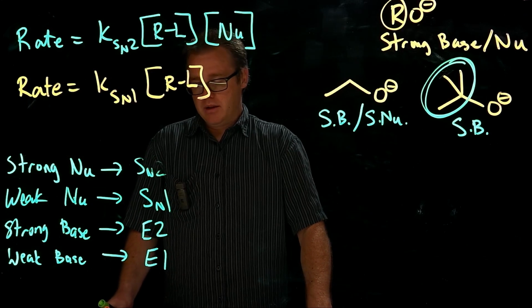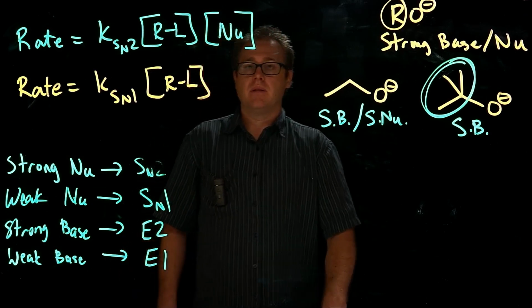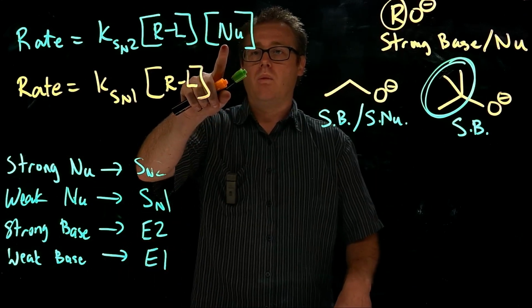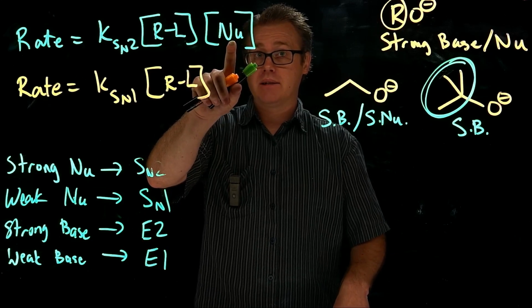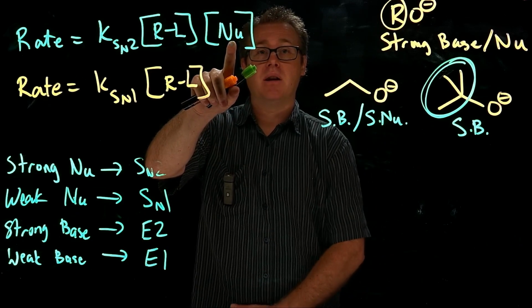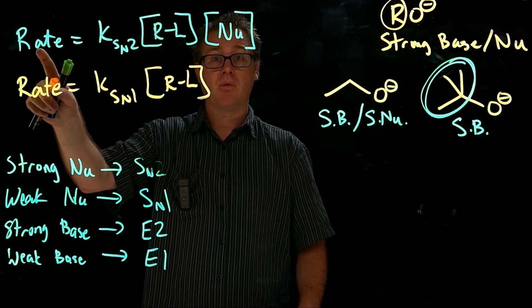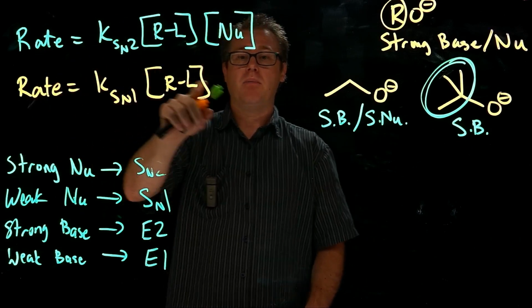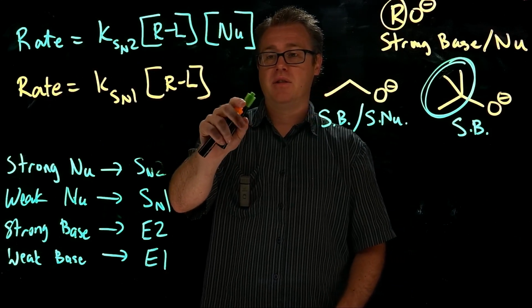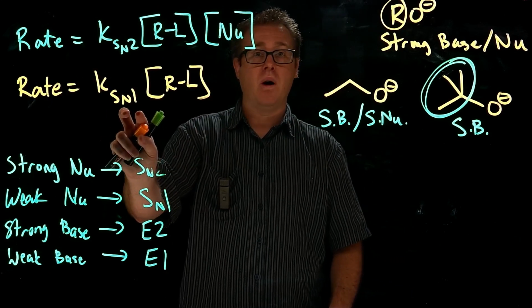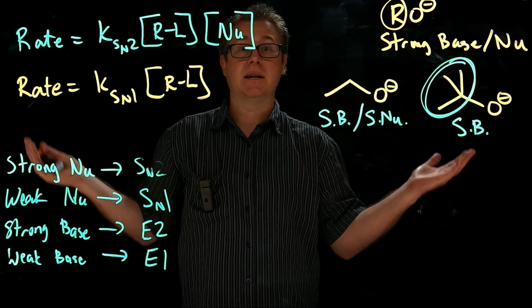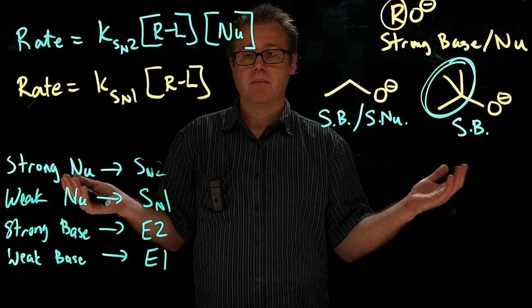So what we see here is that when we double the concentration of the nucleophile, it's going to double the rate. But if we double the concentration of the nucleophile in an SN1 mechanism, it doesn't affect the rate at all.